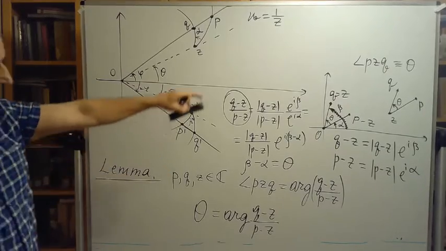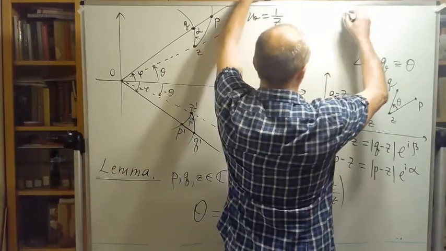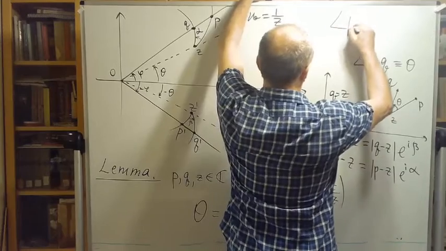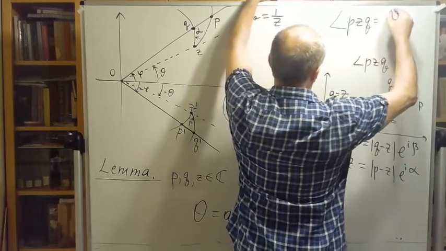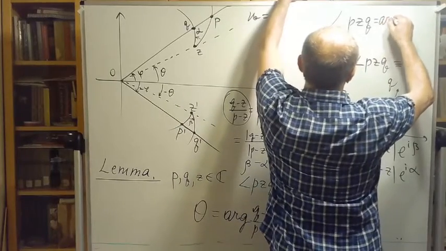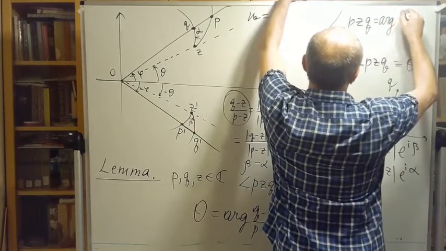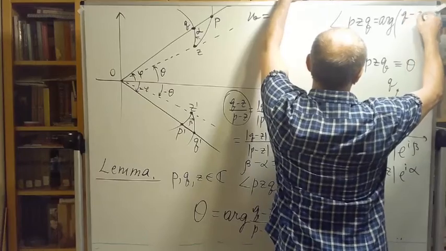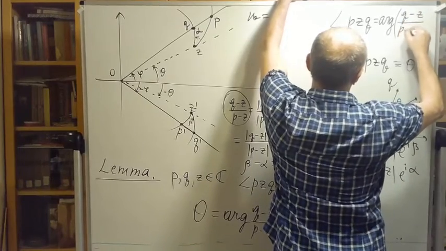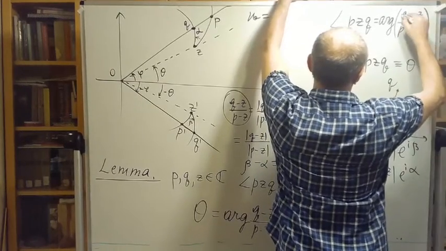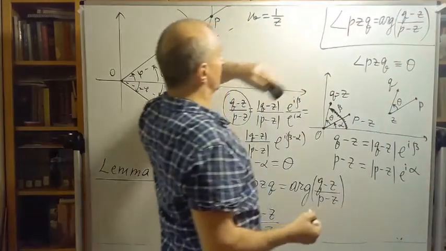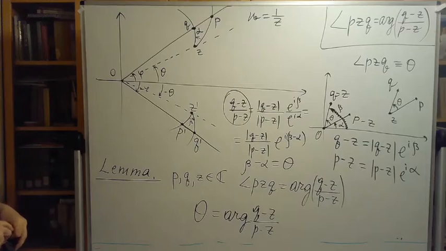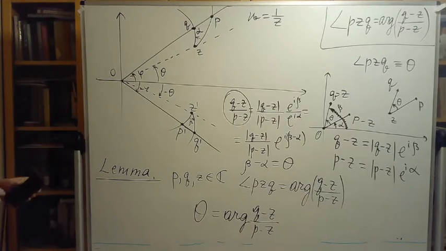I will write the result of the lemma here, so it will be always with us: angle P Z Q equals argument of Q minus Z over P minus Z, and I will leave it in frame, and I will erase anything else that is not needed anymore.